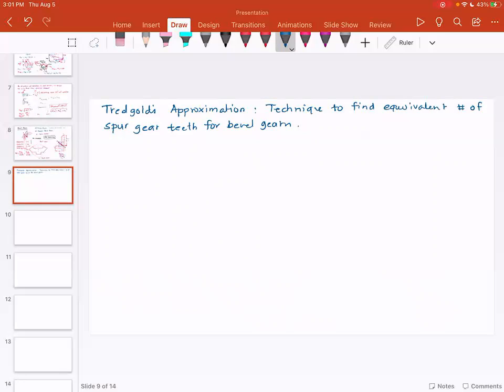But at the end of the day, once you perform Tredgold's approximation, what that means is you are going to get the equivalent number of teeth.